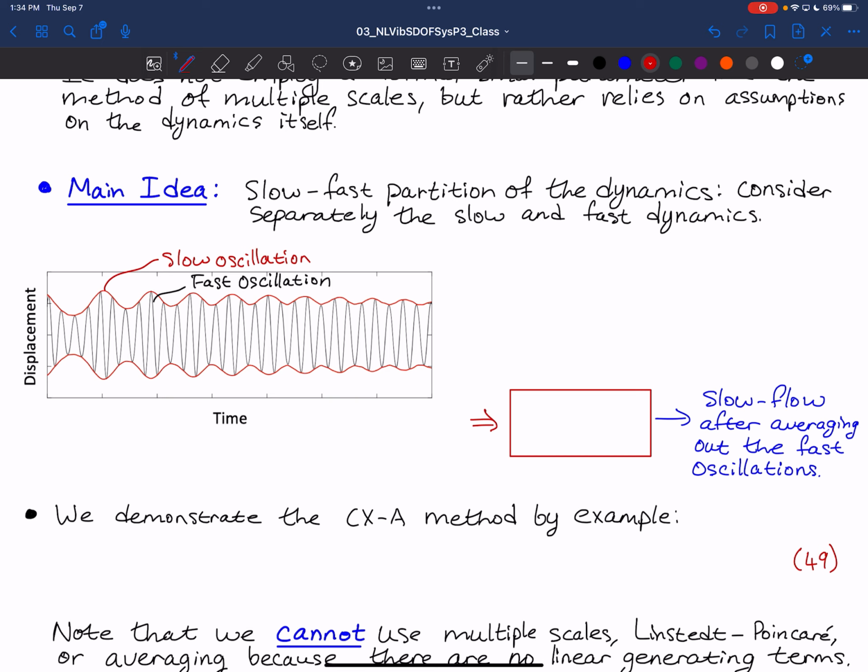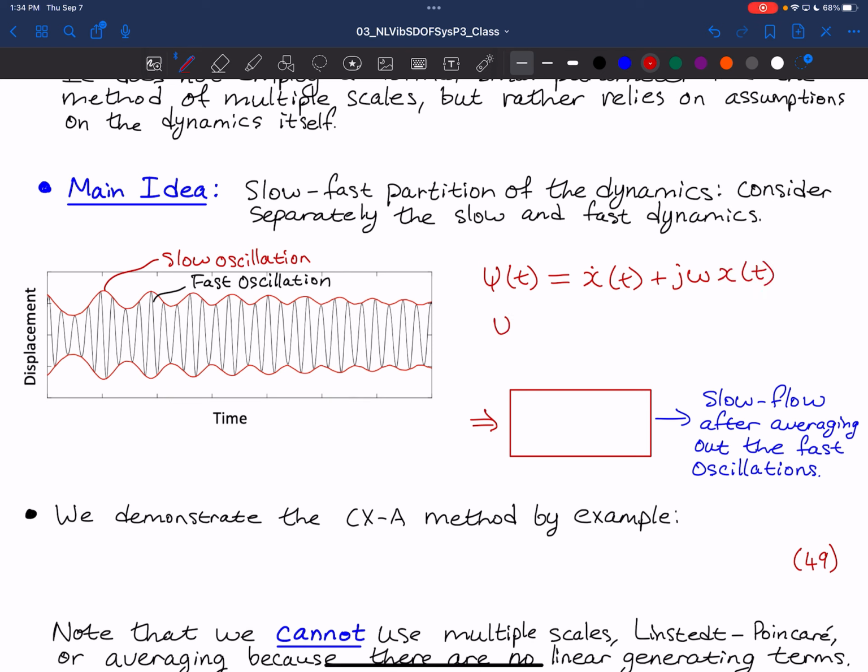And so, just as a brief preview, we end up defining a complex variable psi of t as being equal to x dot of t plus j omega x of t.